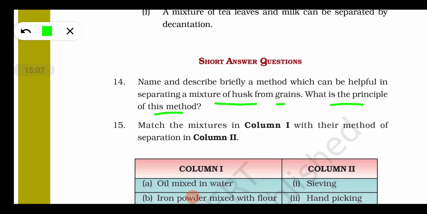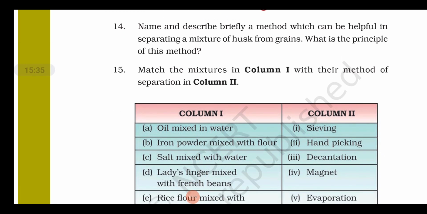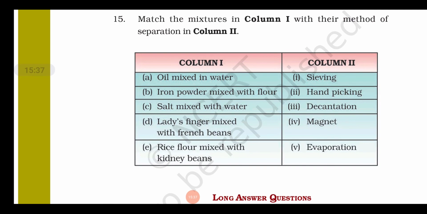Husk can be separated from grains, because when the mixture is allowed to fall down from a height, the lighter husk is carried away by air and the heavy one falls directly on the ground. And this method is based on the principle that in a mixture which has components of different weights, the lighter particles are blown away by the air and heavy particles directly fall on the ground.